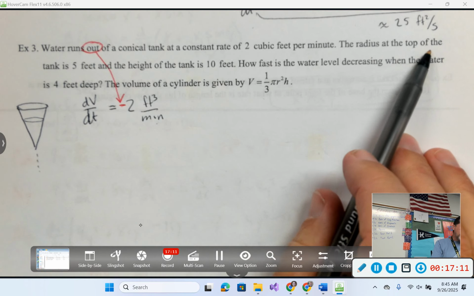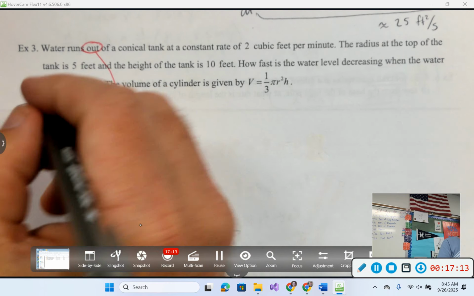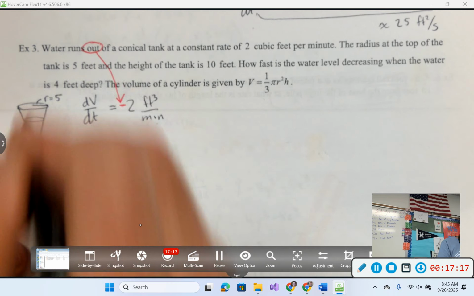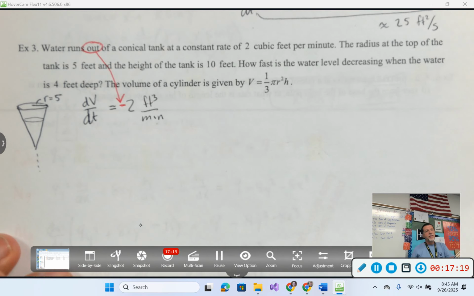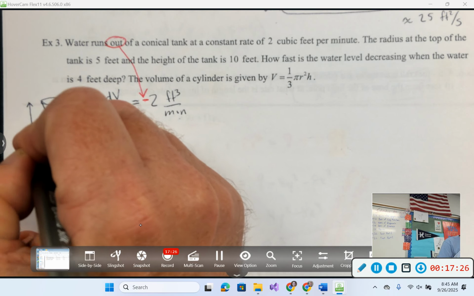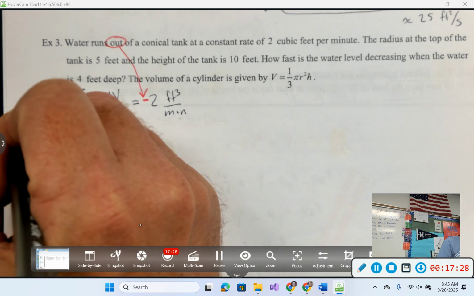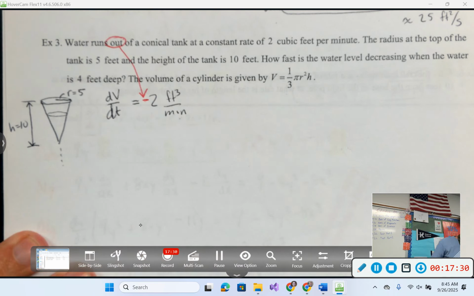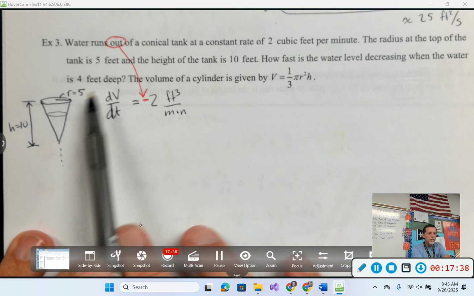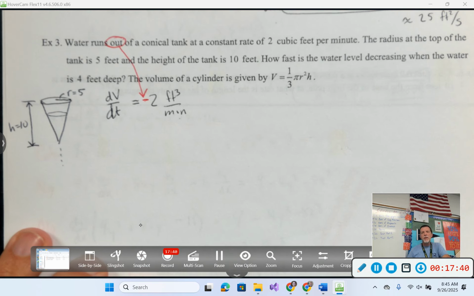The radius at the top of the tank is 5 feet. Okay, so that's not necessarily the radius of the water, unless the tank was full. The radius is 5 feet, and the height of the tank is 10 feet. I've kind of gotten lazy and dropped the labels, but everything in the problem is in feet, so I'm not worried about keeping up with the labels.